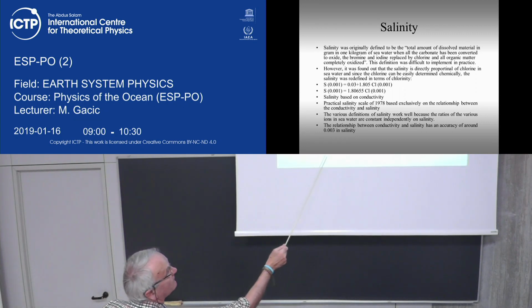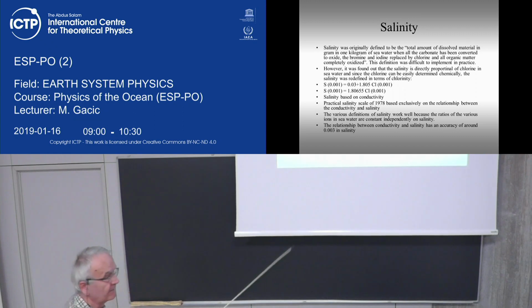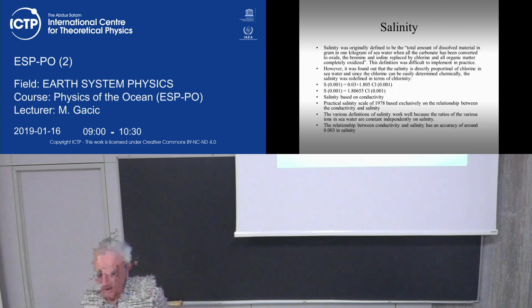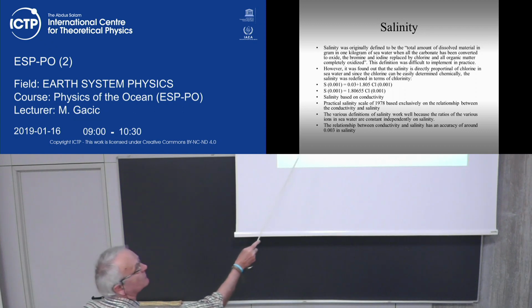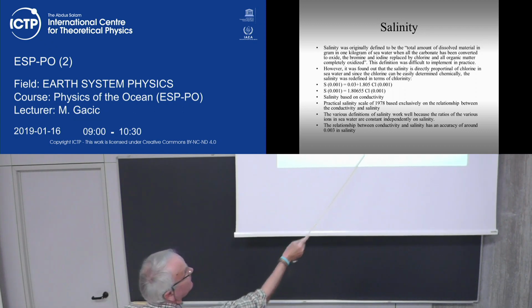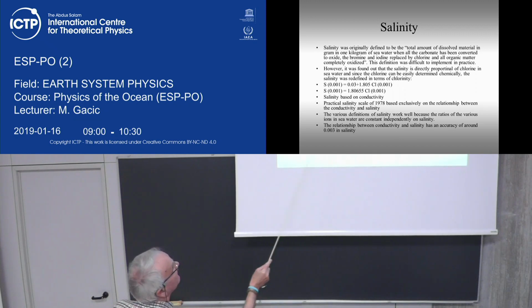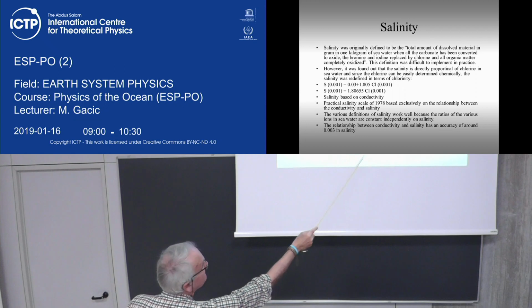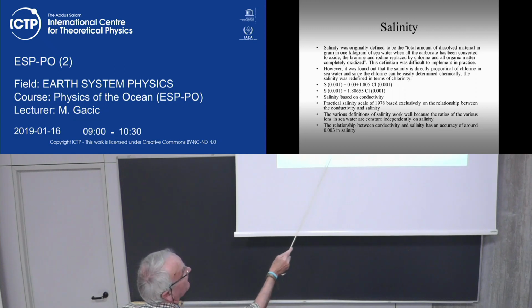But it was found out, and this first original definition of salinity really means that at the very beginning of oceanography, chloride in the seawater... but fortunately for us, it was found that the salinity is directly proportional to chlorine in seawater, and since chlorine can be easily determined chemically, the salinity was redefined in terms of chlorinity.